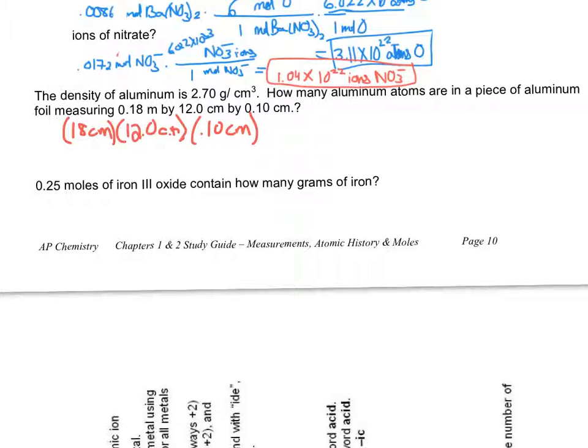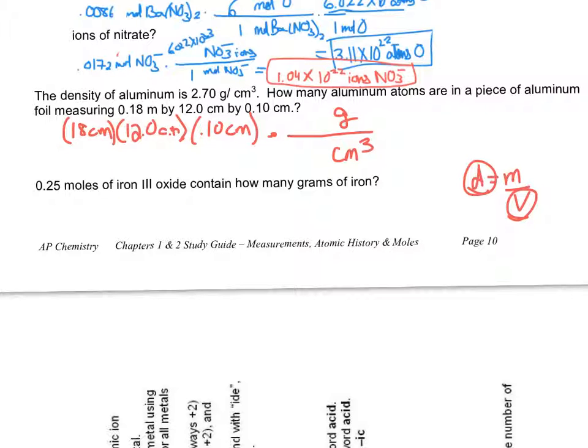If you want to stop and calculate that and move on to the next step, you can. If you want to say density equals mass over volume, find the answer from that calculation, and plug in the density to figure out the mass before you move on, you can. I like to use my units to figure out where I'm going, so I'm just going to say all of this is centimeters cubed, and I will put centimeters cubed at the bottom to cancel, and I will put grams on top.